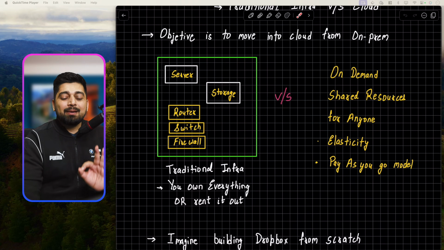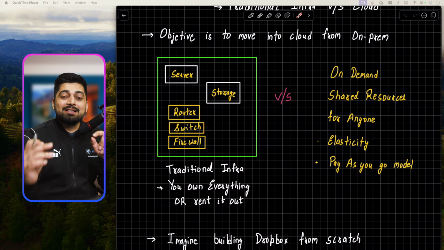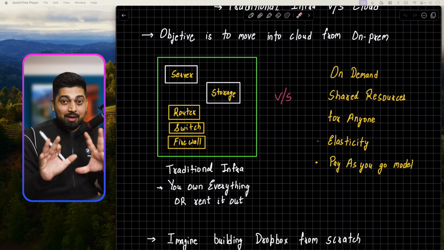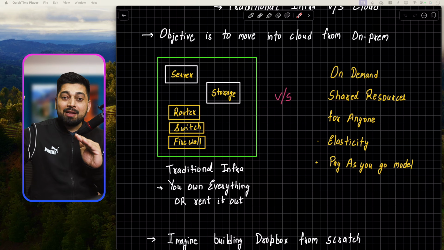The most important thing about the cloud is the elasticity. And the most important feature, always remember this example: whenever there is streaming, especially when there is cricket in India, elasticity is one of the things which makes the whole of this circus possible. Otherwise, it would not be possible. It is comparatively easy, I'm not saying all easy, but comparatively easy to scale the infrastructure up, but it is extremely difficult to scale it down.